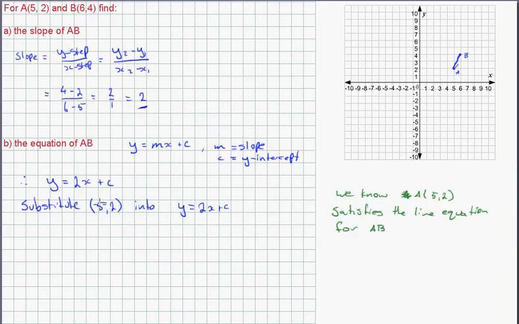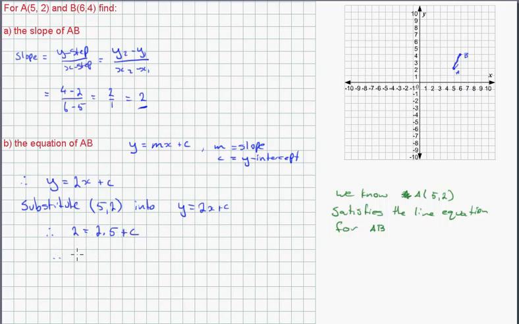So 5 is our x coordinate, 2 is our y coordinate. So we know that y, which is now 2, equals 2 times x, which is now 5, plus c.